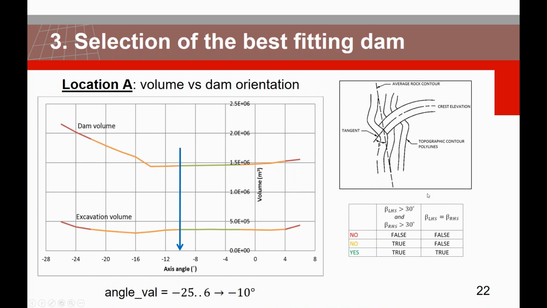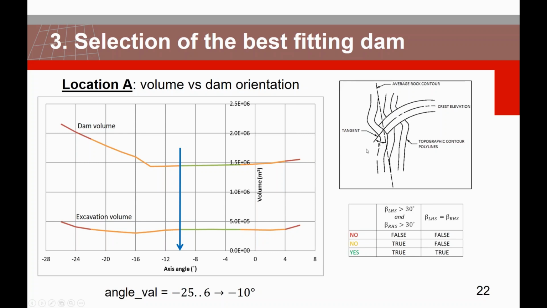So, right now, let's see a very important tool from our process. And this is what we said from before, because the axis angle should be defined in order to find the best fitting dam in terms of concrete and excavation volume. And this is done based on two geometric constraints from the USBR method.